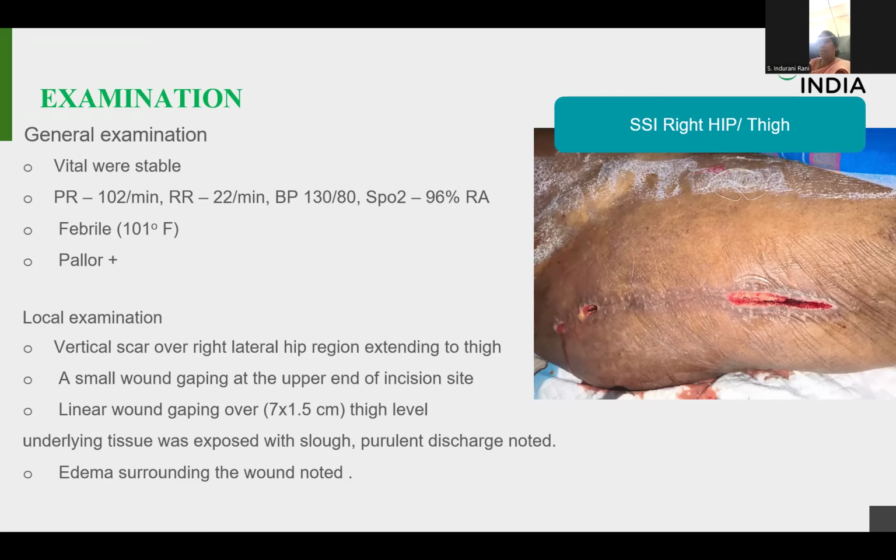On local examination, there is a vertical scar over the right lateral hip region extending to the thigh. A small wound gapping at the upper end of the incision site. A linear wound gapping over the thigh level, 7 into 1.5 centimeter. The underlying tissue was exposed with slough and discharge noted. Edema surrounding the wound also noted.